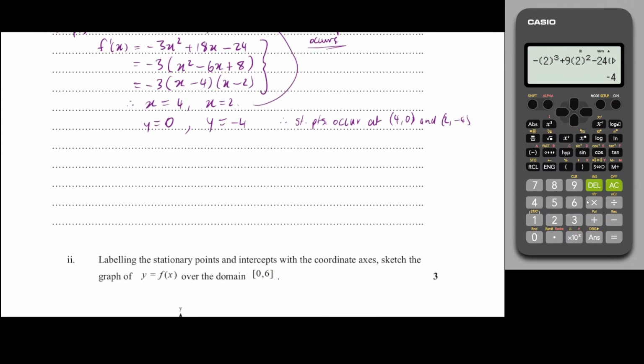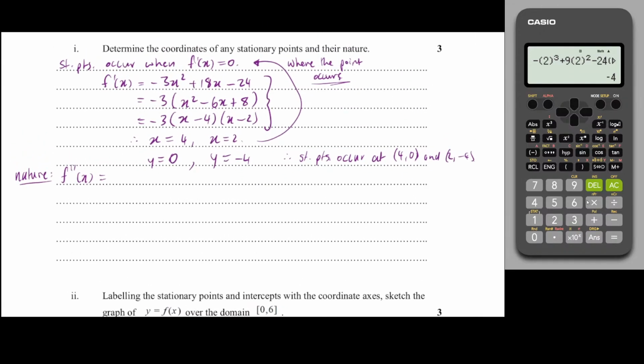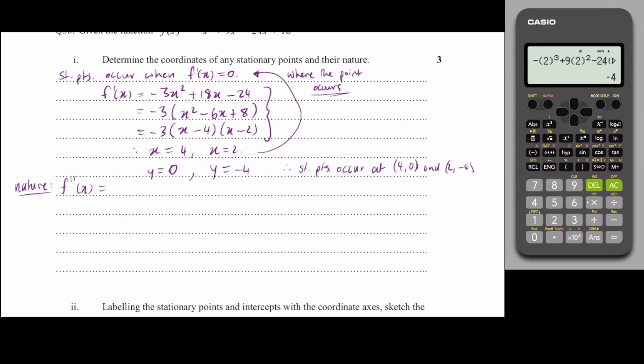Now we need to determine the nature, so we're looking for the second derivative. Let's go back up to the first derivative. The second derivative is minus 6x plus 18. Let's substitute our points in and see what they're doing. At 4, it's equal to minus 6 lots of 4 plus 18, equals negative 6.